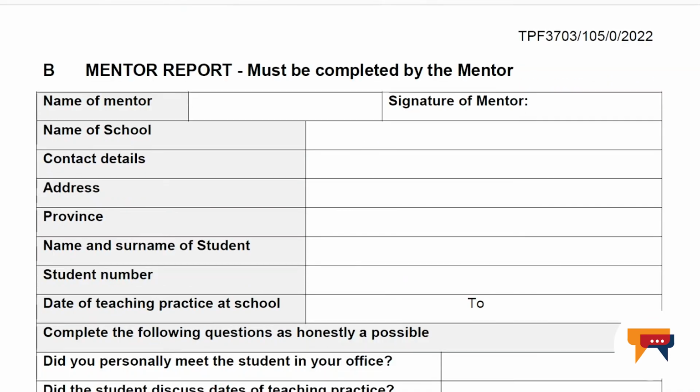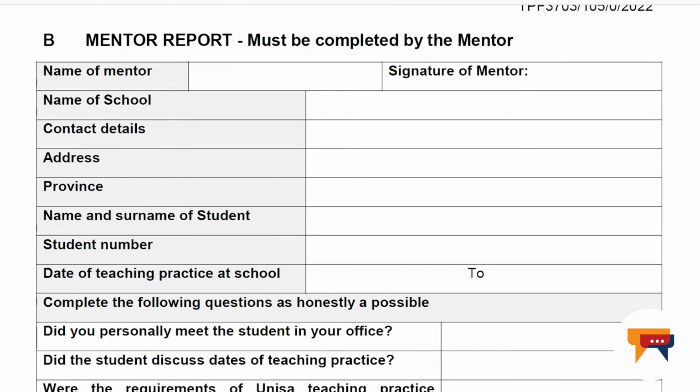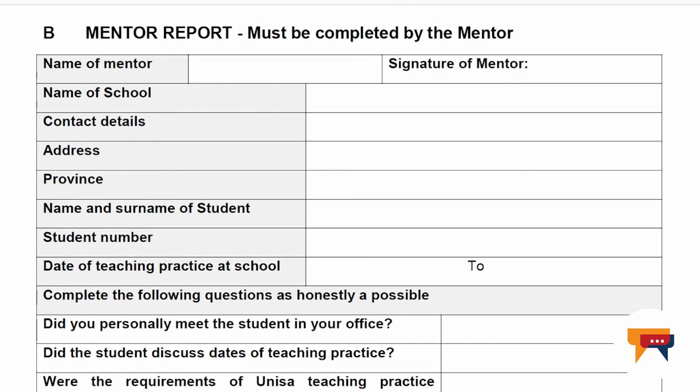The section which follows is section B, mentor report, which must be completed by the mentor who was assigned to you when you arrived at that particular school to conduct your 20-day teaching practice. We need the name of the mentor, the signature of the mentor, the name of the school, the contact details of the school, and this should include the area code of the school also.